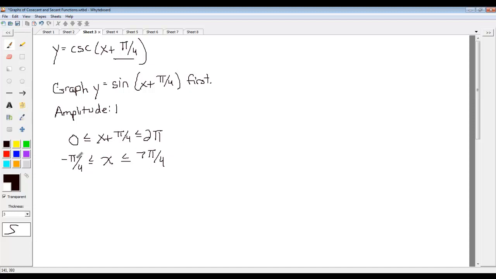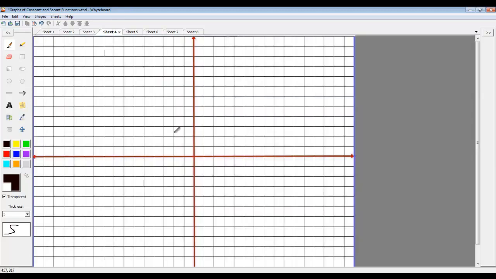So from negative pi over 4 to 7 pi over 4, that's where the sine's going to be situated. So it's been shifted over pi over 4. So let's see here. If we put negative pi over 4 right here, and then 2, 3, this is pi. 1, 2, 3, this is 2 pi.